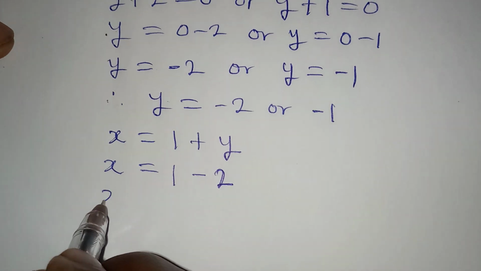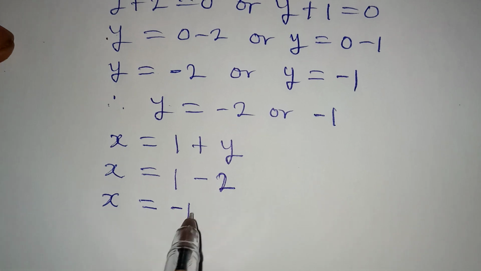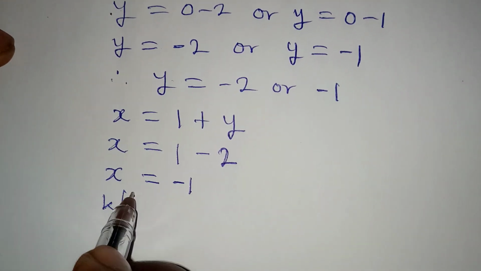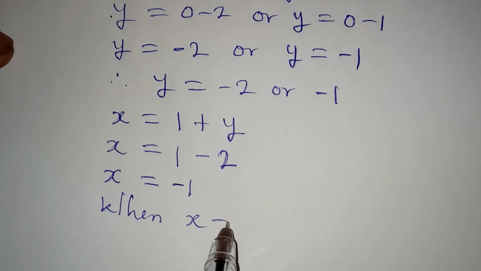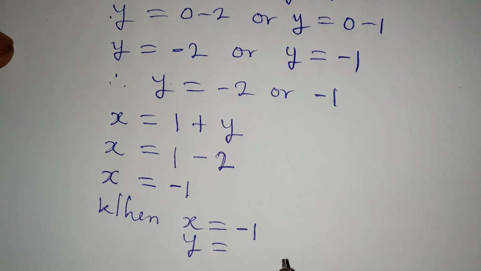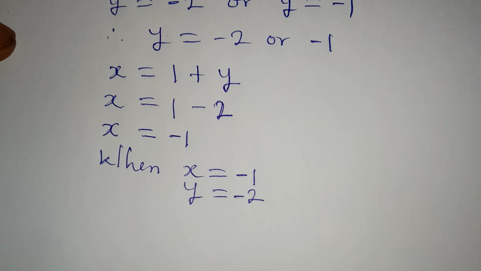So this means that our x is going to be equal to -1. So what are we saying? We are saying that when x is equal to -1, y is equal to -2.